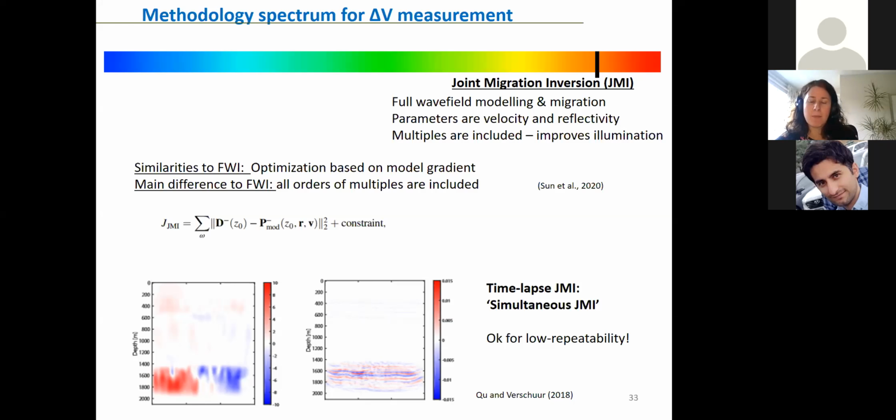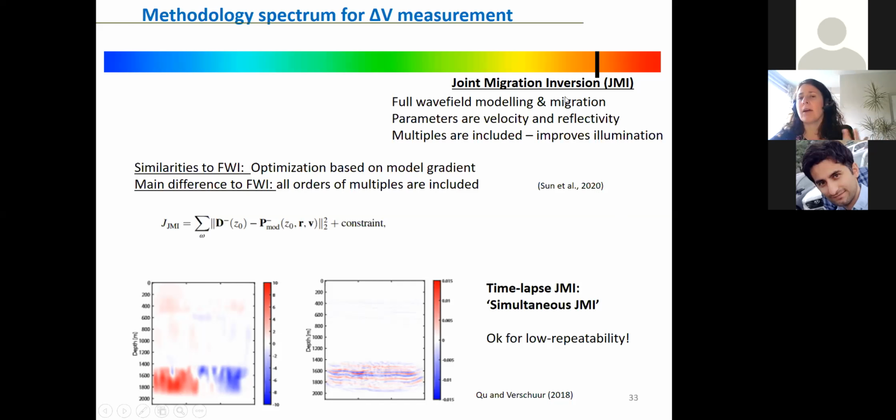The input parameters are velocity and reflectivity, and of course, if you have velocity and reflectivity, you can solve for your density. But what I like particularly about this method is that the multiples are included, and this means that rather than trying to remove them from data, you can use these multiples to improve illumination.